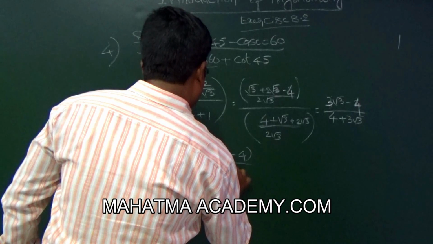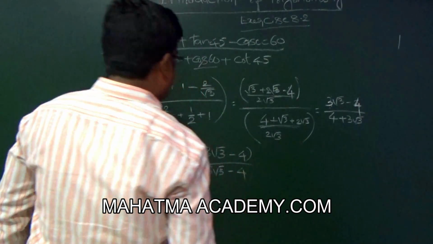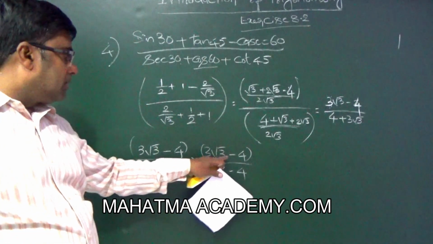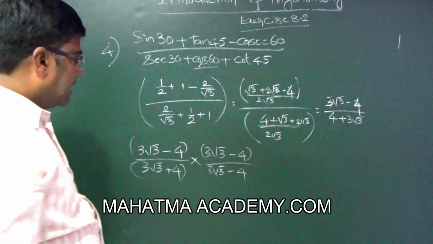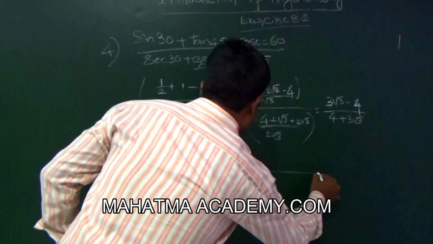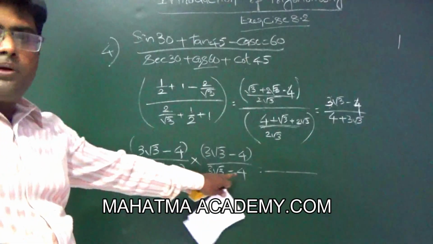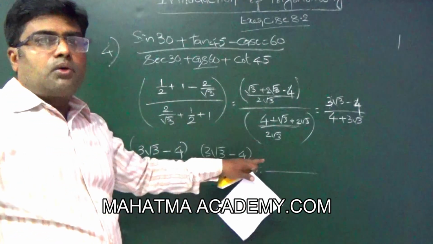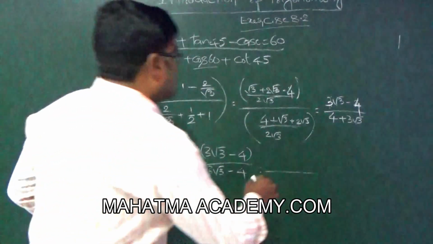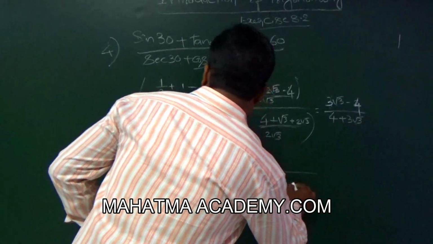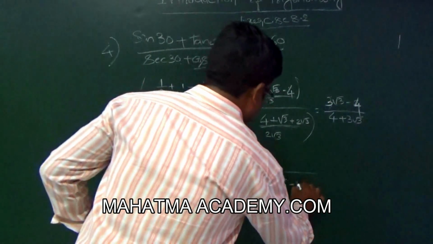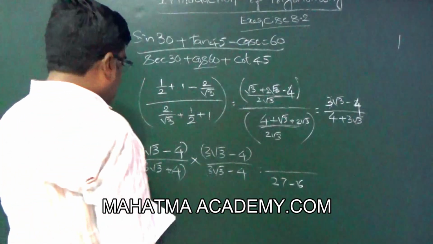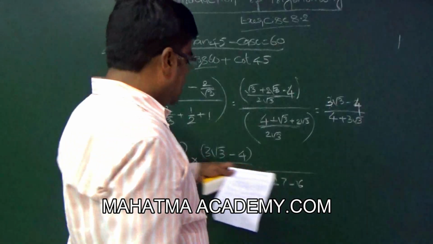The denominator is a plus b into a minus b, which is a square minus b square. 3 root 3 whole square is 27, and 4 square is 16. We will get 27 minus 16, which is 11, in the denominator.